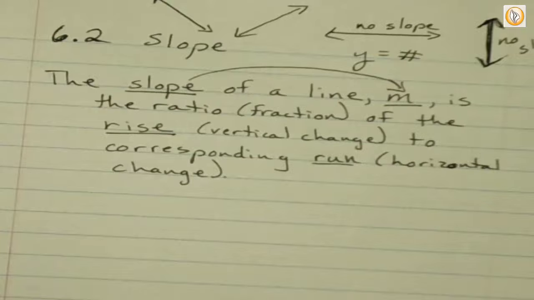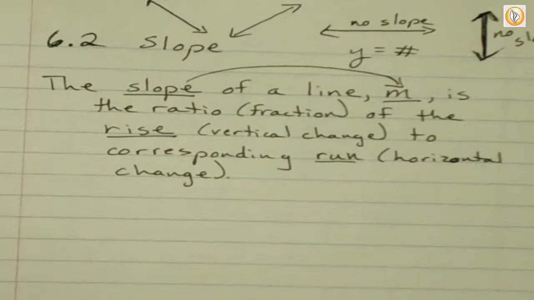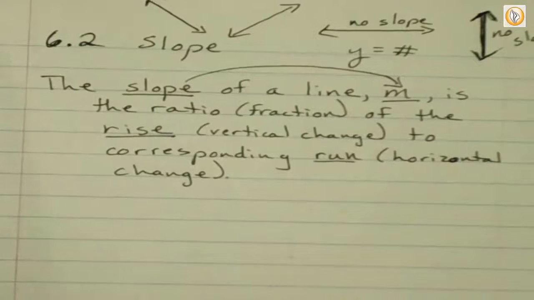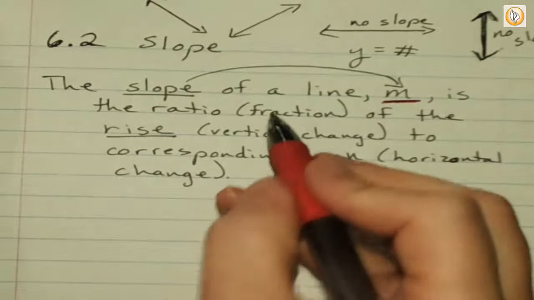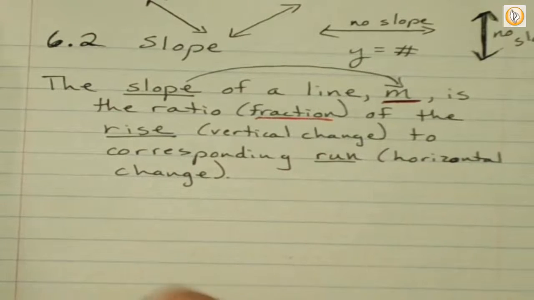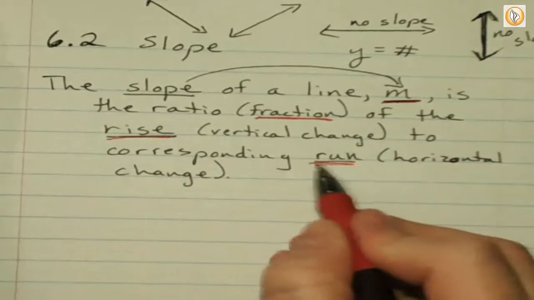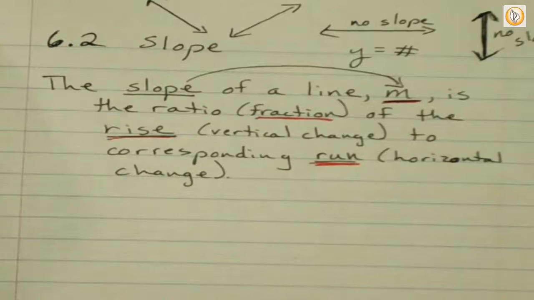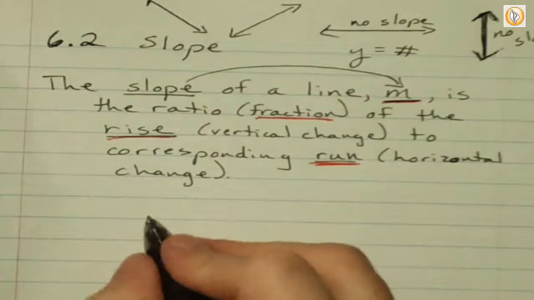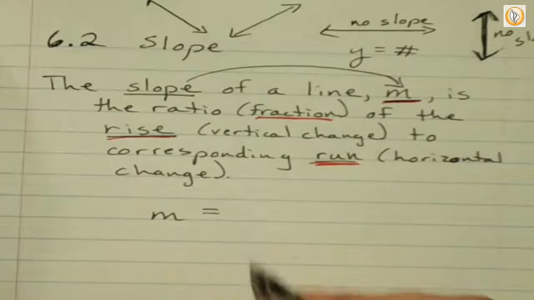All right. So slope of the line is M. Don't forget, it's represented by the letter M. It's the ratio, looks like a fraction, of the rise over the run. So M, meaning your slope.